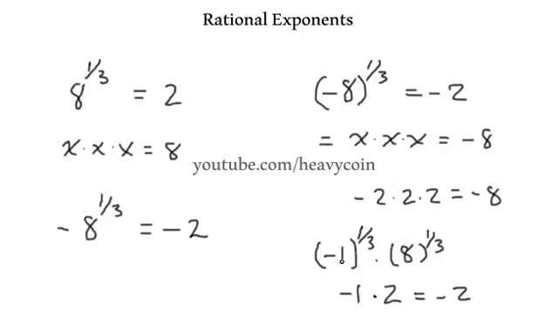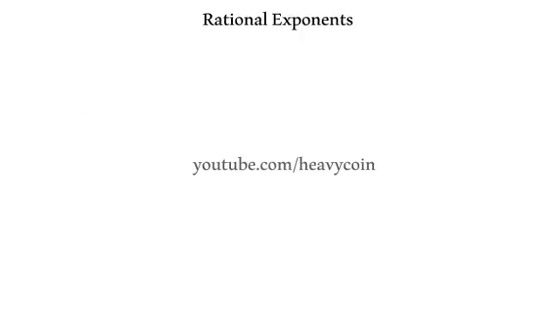See that? Negative 1 raised to the 1/3 is negative 1. That'd be negative 1 times negative 1 times negative 1 is negative 1. Okay? Alright. Let's clear the board on that.